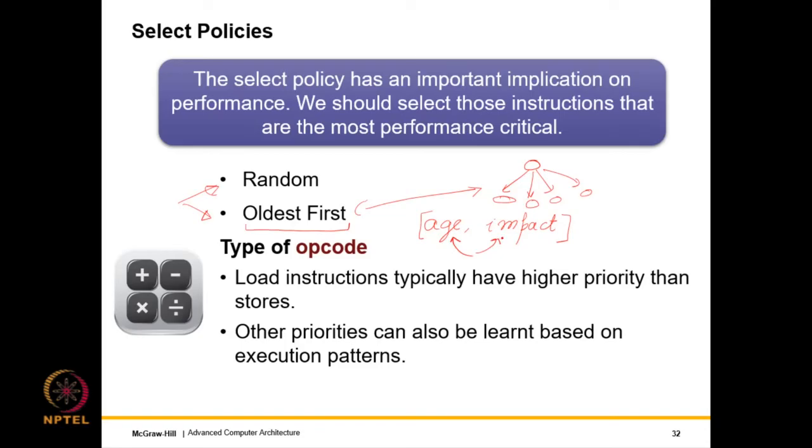There are a few other important points to keep in mind. One is that load instructions typically have slightly higher priority than stores. The reason is that if you think about it, who's dependent on a store? Actually, it's a later load, but there are other ways to take care of them.